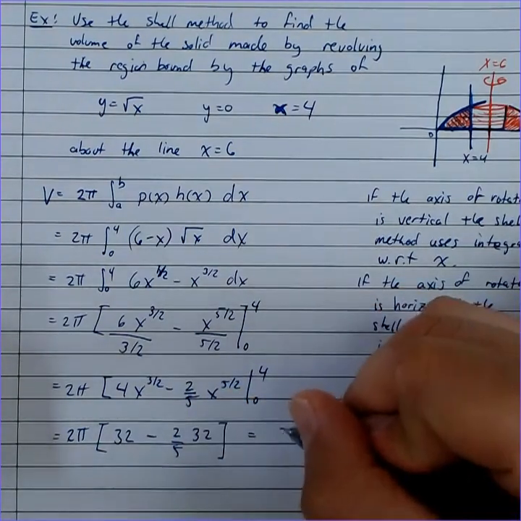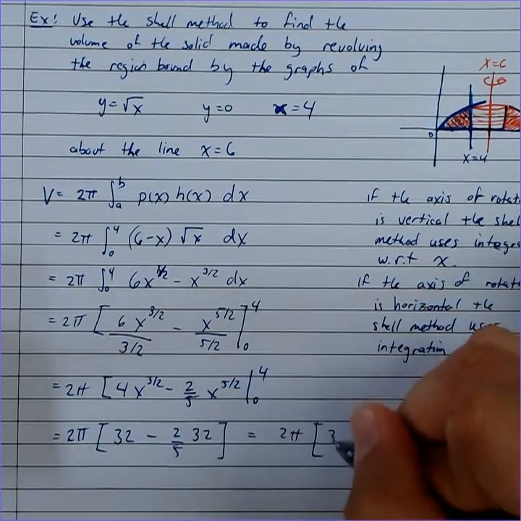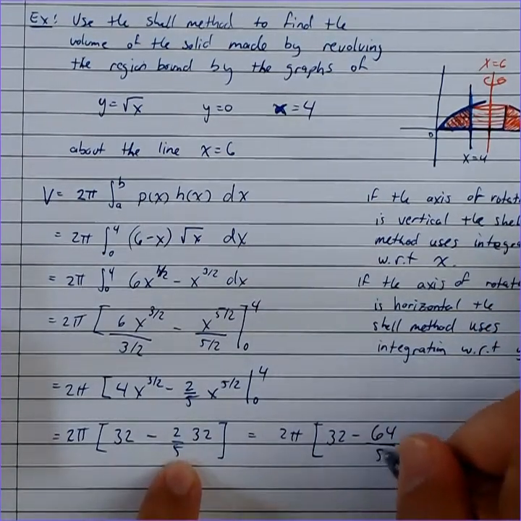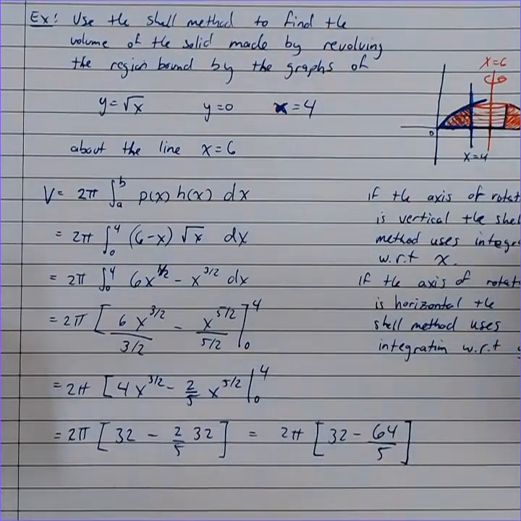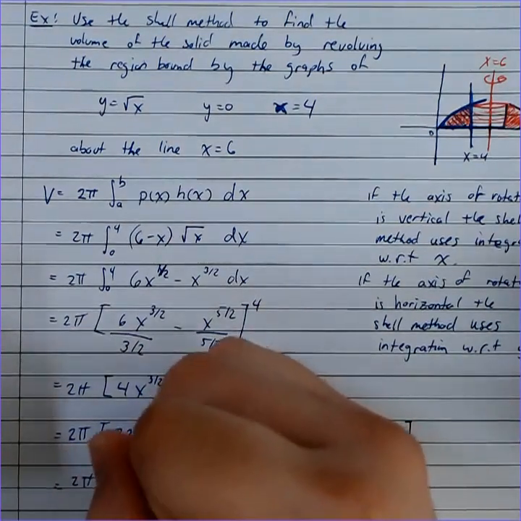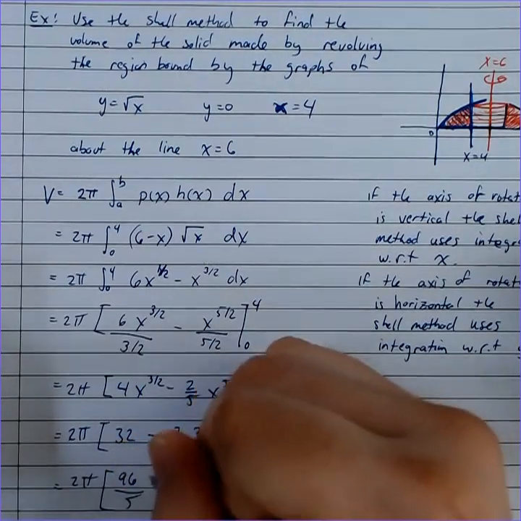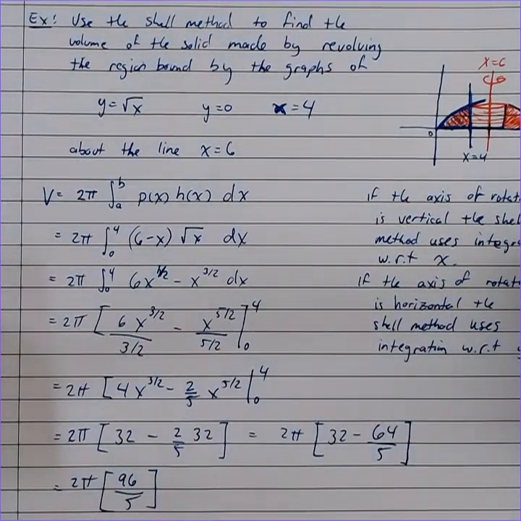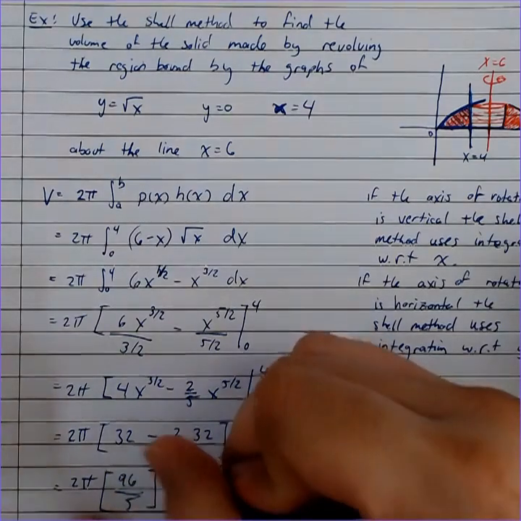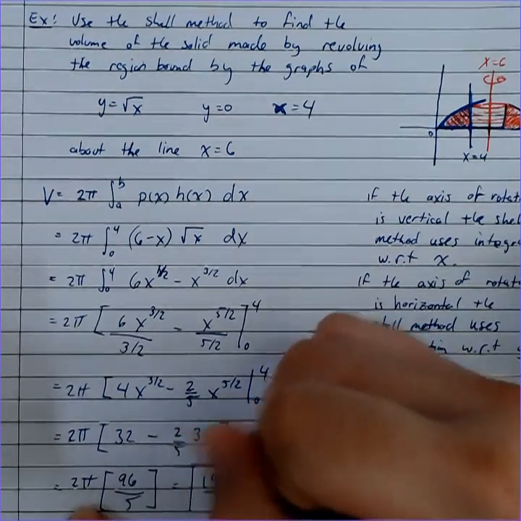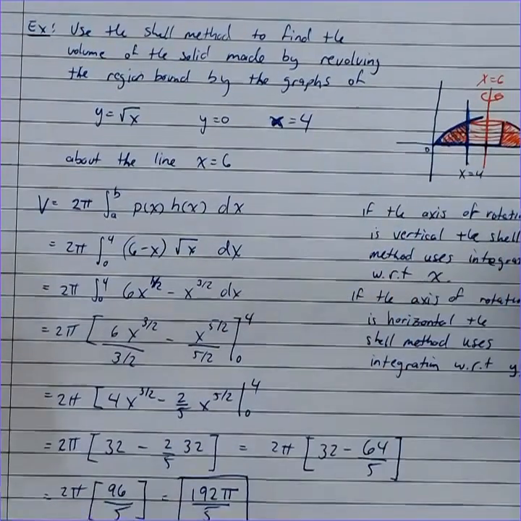So that's going to give us 2 pi times 32 minus 64/5. That'll give us 2 pi times 96/5. Then we multiply those together, and that'll give us 192 pi over 5. And that's going to be the volume of that solid of revolution.